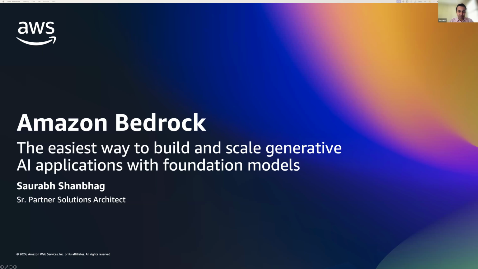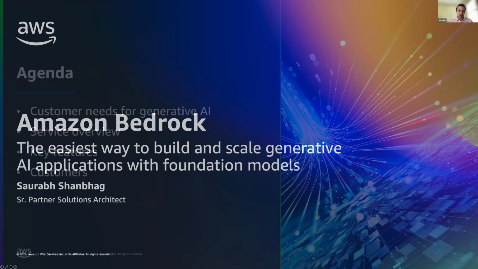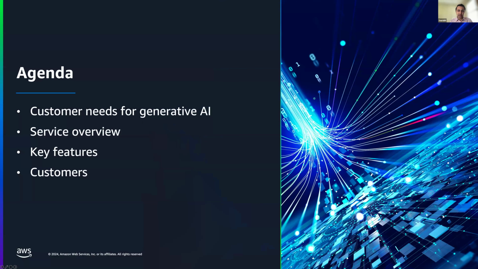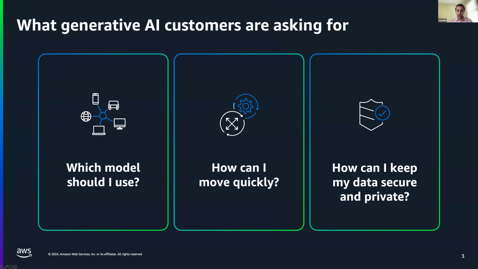That's why we wanted to mainly focus on how SingleStore is doing that with Amazon Bedrock, and why, as AWS, we designed this service, to democratize generative AI applications for a wider scale of corporations. If I go over today's agenda, I will focus mainly on the need for generative AI, and give you a little bit of service overview and the key features. From the AWS perspective, generative AI is still a very evolving space. The core value we see for a lot of customers is that they are not entirely sure which large language model to use.